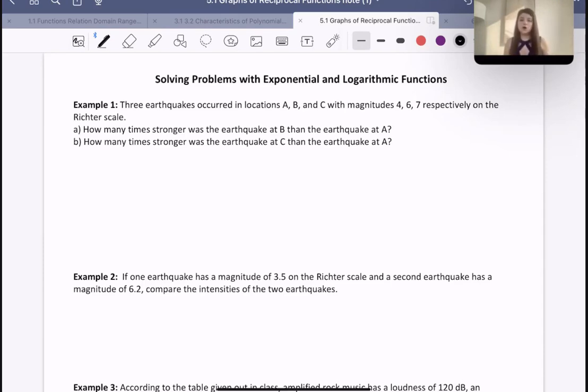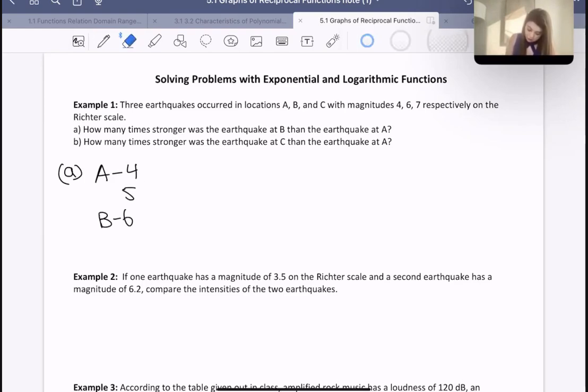And so if we're going from A to B, A's power is 4, and then B's power is 6. So we have to go up 2, right, to get there. So we have 5, and then we have B, which is at 6.